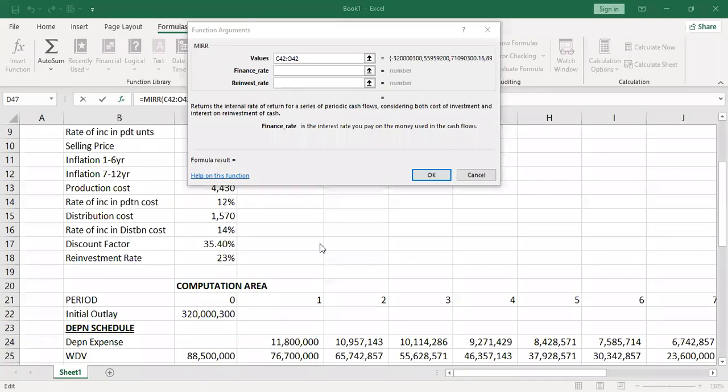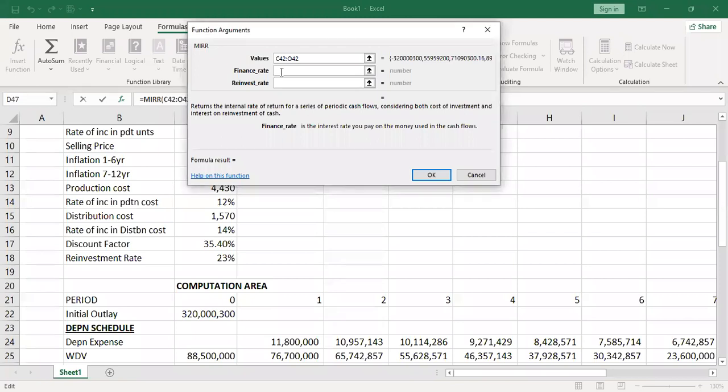We can't see your Excel sheet. We're not seeing the screen. Are you able to see it now? Yes, we can see it now.